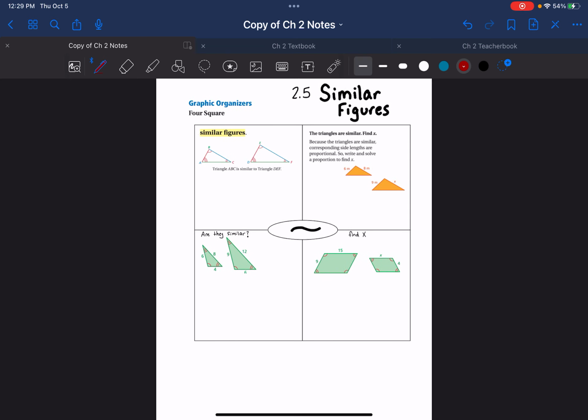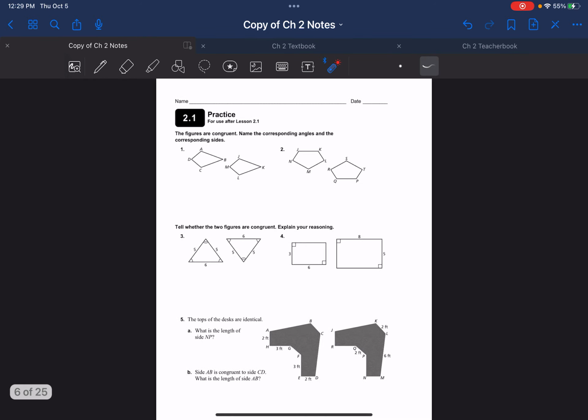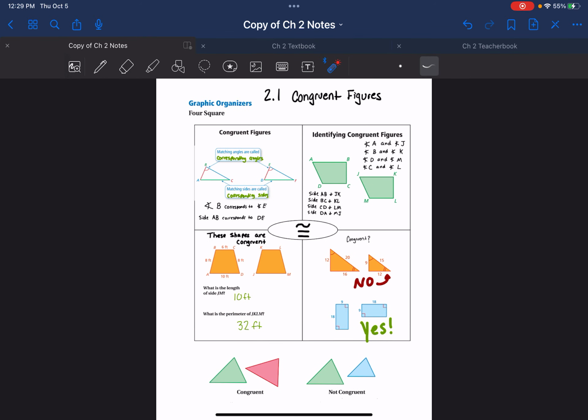So get out your notes, 2.5, similar figures. Before we begin, I want us to look at this word, similar. If you remember 4 lessons ago, way over here in 2.1, we learned about congruent figures. And we said congruent means that they have to be the same shape and the same size.